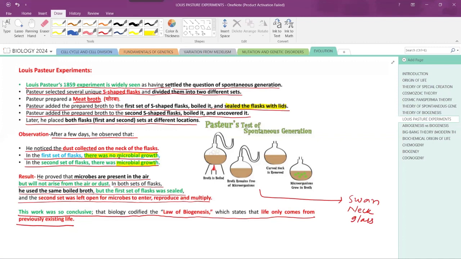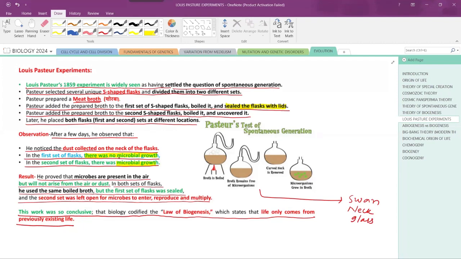According to Louis Pasteur, the microbes are present in the air, and these microbes are responsible for the growth of life in the flask which is opened, or not sealed, and in the flask which is sealed there is no formation of life. He explained that the microbes present in the air do not get in direct contact with the broth in the sealed swan neck flask.